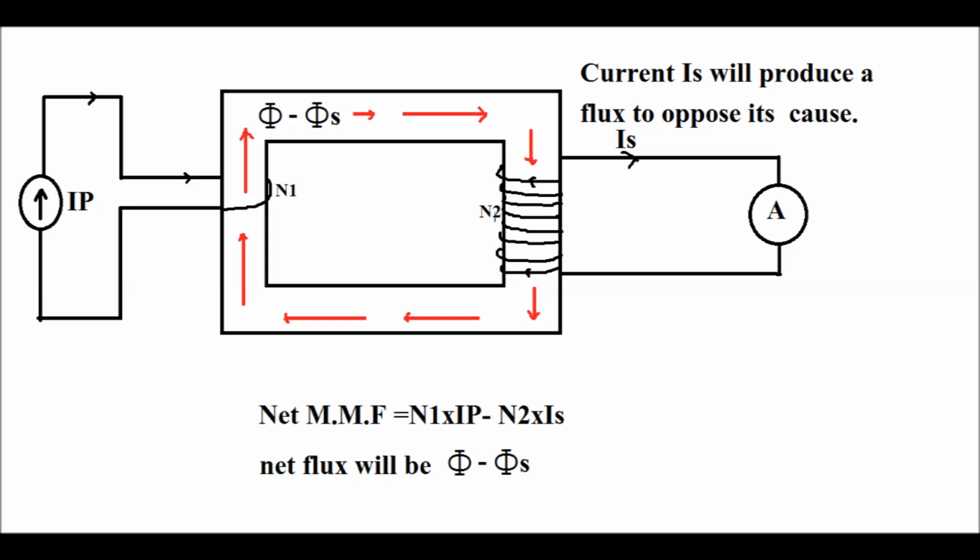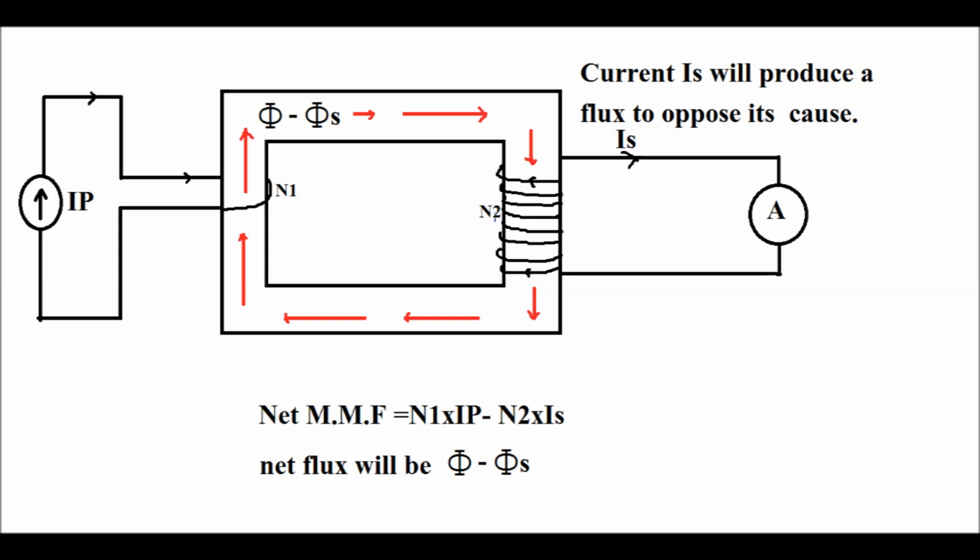Due to the flowing of this current, another flux will be produced that will oppose the flux initially produced by the primary winding. Or we can say that due to the current in the secondary side, an MMF will be produced in the secondary winding equal to N2 into IS, which is opposite to the MMF produced by the primary winding.